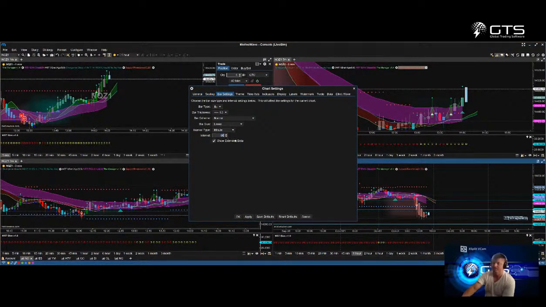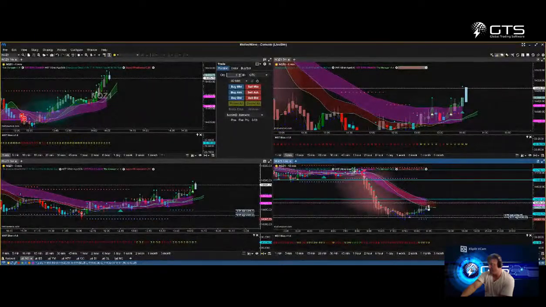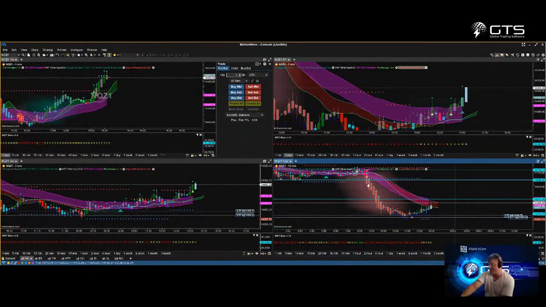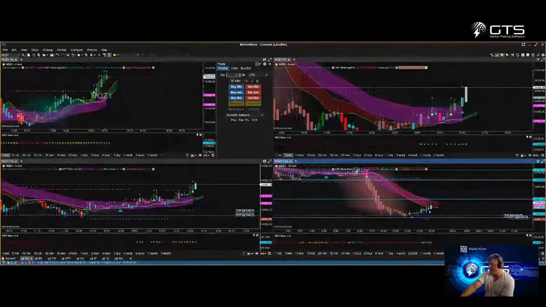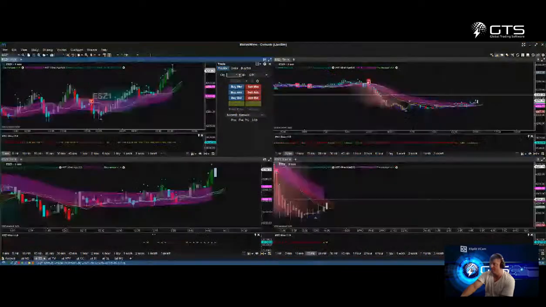Boom. 12 minutes. All right, so you can see that the bias has turned right here, but it's still a neutral bias as far as the market goes.